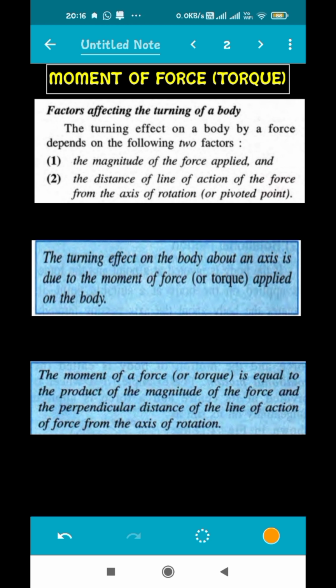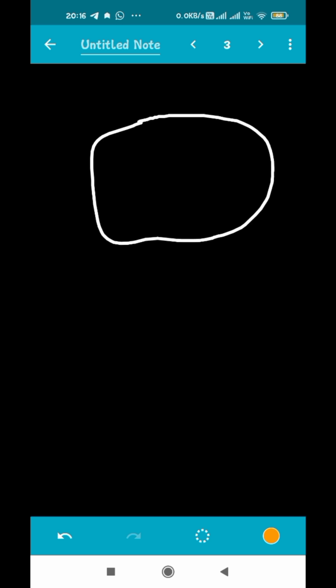Like I told you, it is the perpendicular distance of the line of action of the force from the point where the object is pivoted. That perpendicular distance into the magnitude of the force you are applying will give you the torque. Now let's come to the diagrammatic explanation of the same.